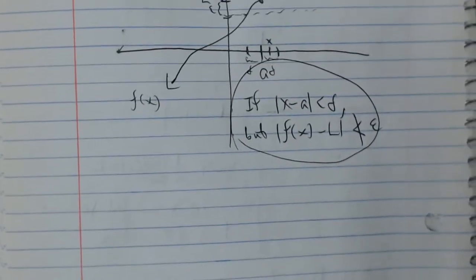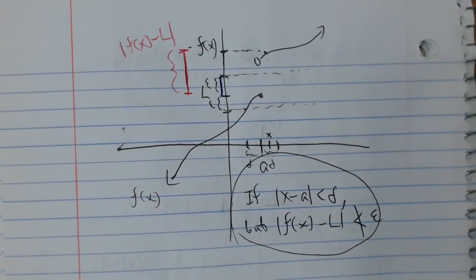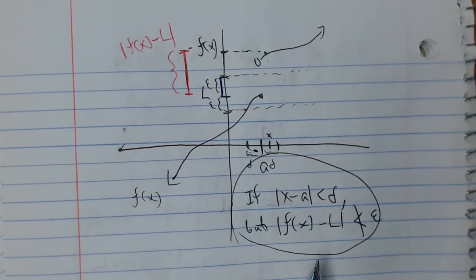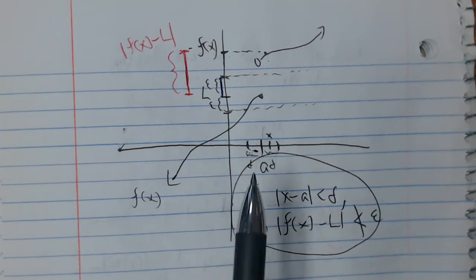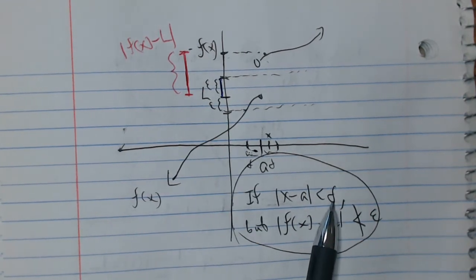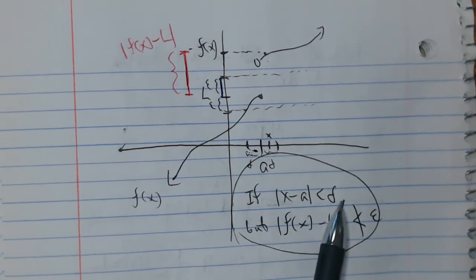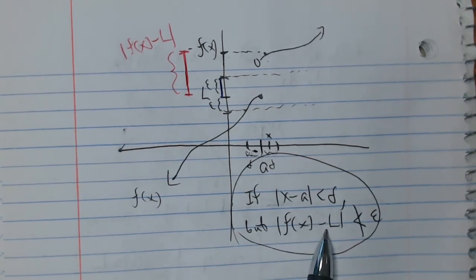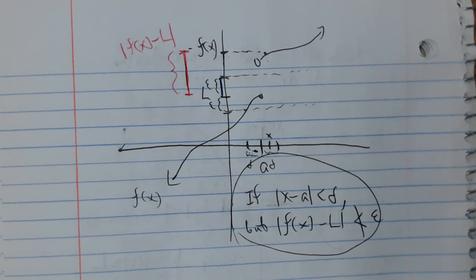Now, let's do an example where we are going to literally pick delta on our own. So here's our goal. If we want to show a limit exists, we need to pick such a delta, and we need to say, look, if this is true, then we need to show that |f of x minus L| is less than epsilon. Now, one thing I'll tell you is, the way I like to approach these problems is I always do scratch work first.